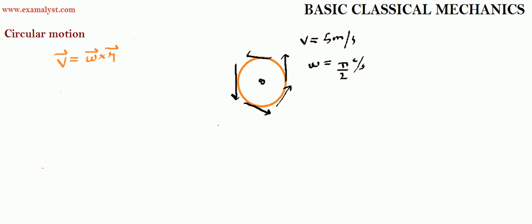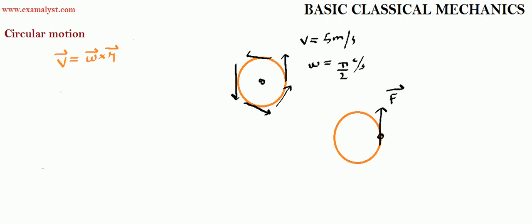Now we'll see what happens when we apply force. So consider this is the circle again, and now consider there is an object here. If on this object we apply a force F, what happens?